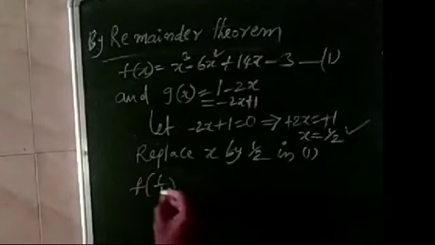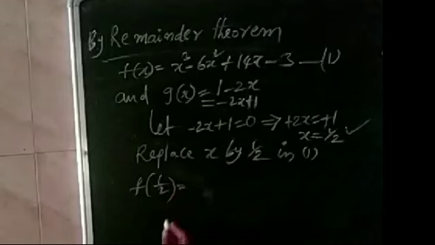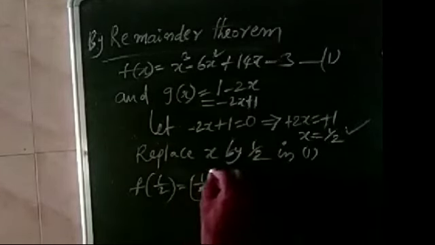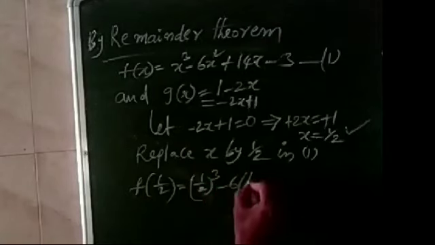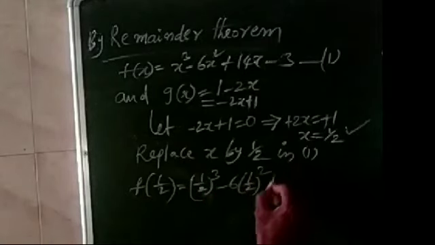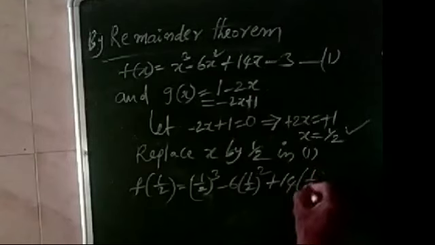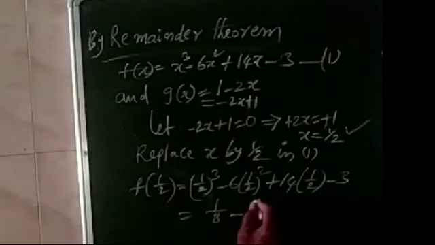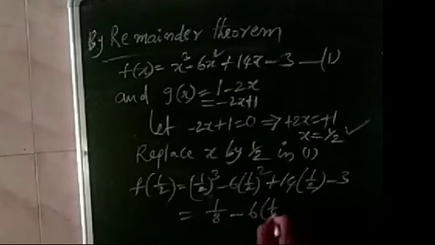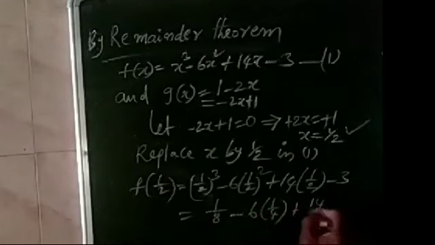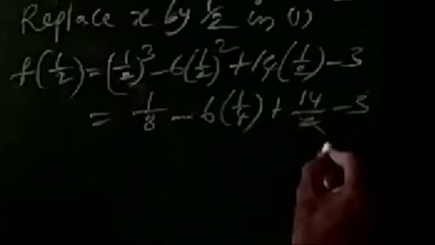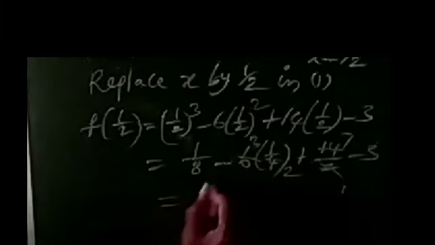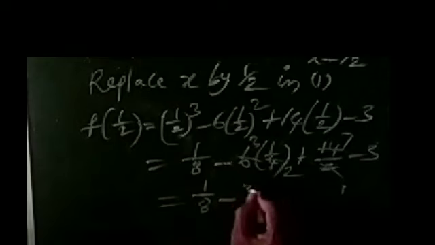Now substitute x by half. So half whole cube minus 6 into half whole square plus 14 into half minus 3. You get 1 by 8 minus 6 into 1 by 4 plus 14 by 2.